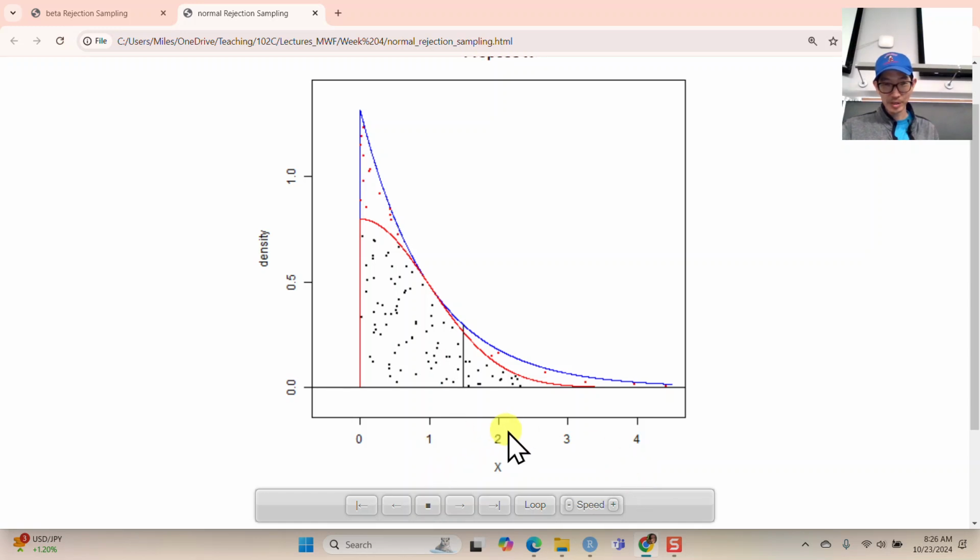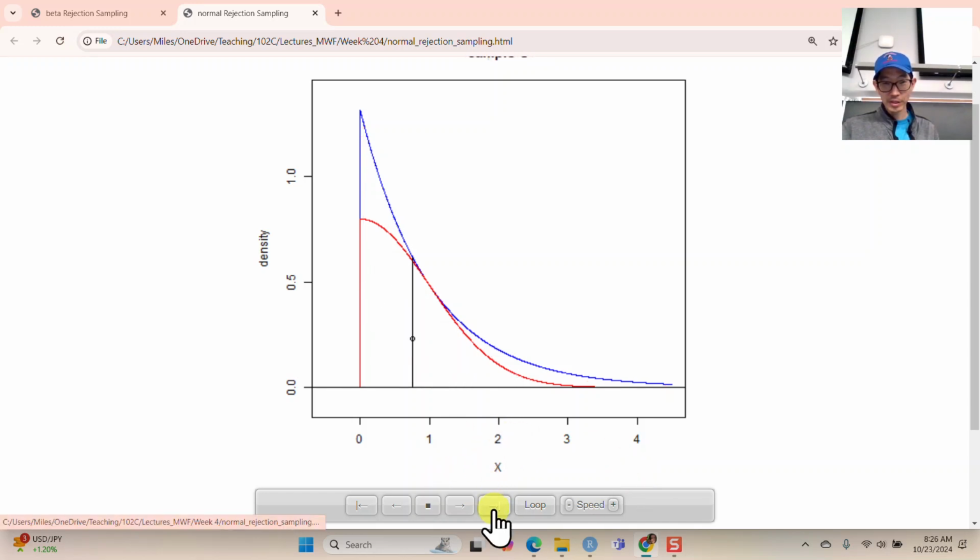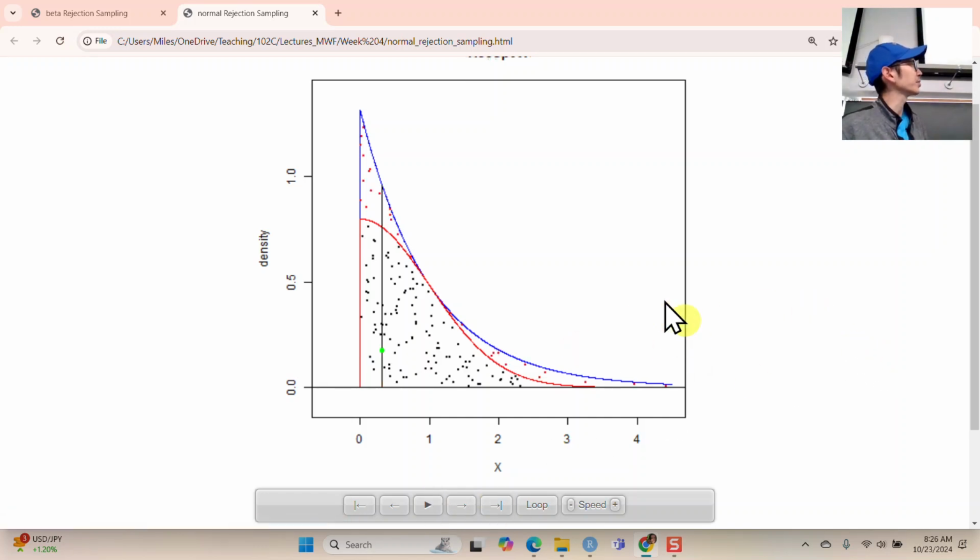So it's still running, but I think you guys get the picture. After letting it run for some iterations, I think this is a couple hundred iterations, the black dots reflect what gets accepted, and we can see that it follows the target PDF of the folded normal distribution, which is what we want.